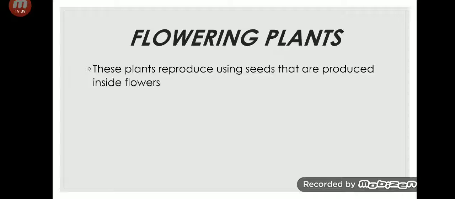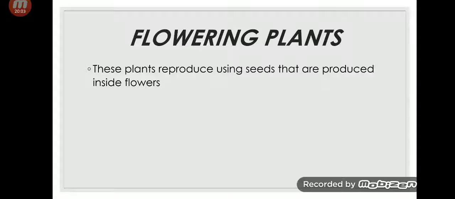The name suggests that these plants reproduce using seeds that are produced inside flowers. Reproduce means produce new plants. How? By using seeds that are produced inside flowers. So there is a flower.